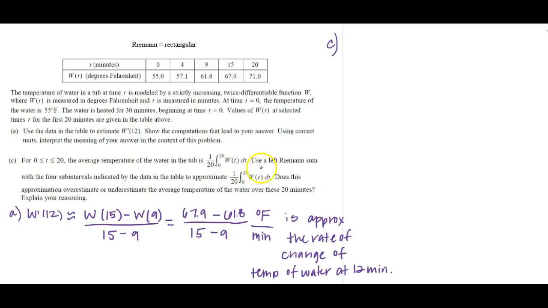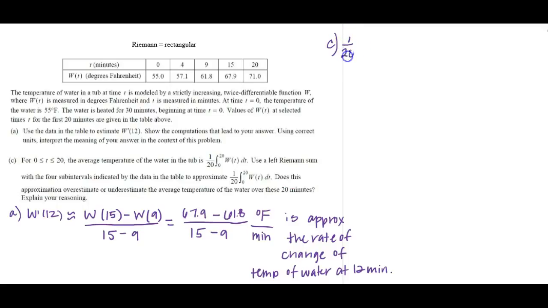And the question itself says to use a left Riemann sum. As I said, we're going to think of Riemann as rectangular. Use a left Riemann sum with 4 subintervals indicated by the table to approximate 1 over 20, the integral from 0 to 20 of W of t dt. We're going to do that part first, and ignore the second part of this question for now.